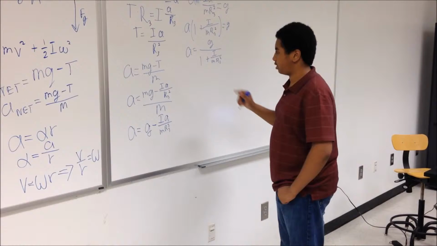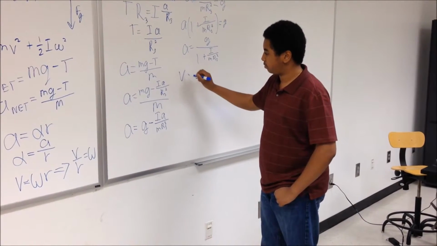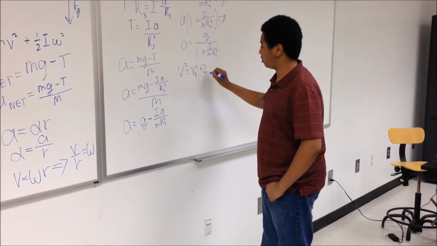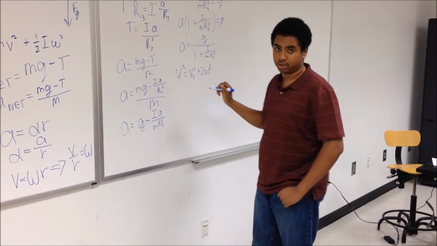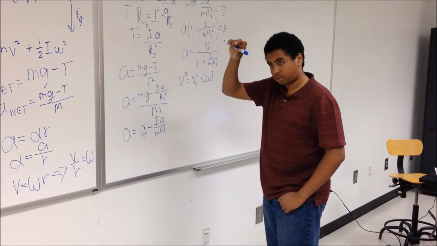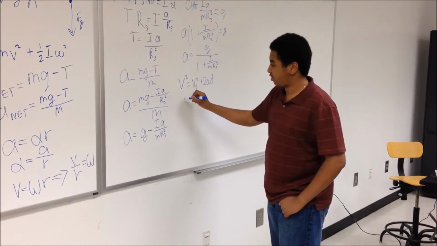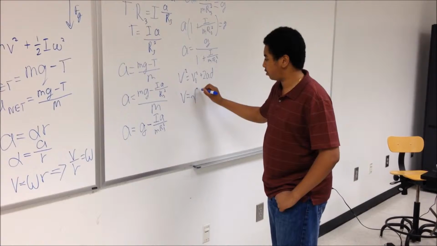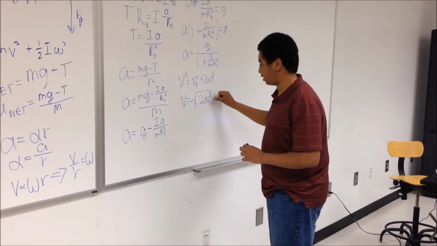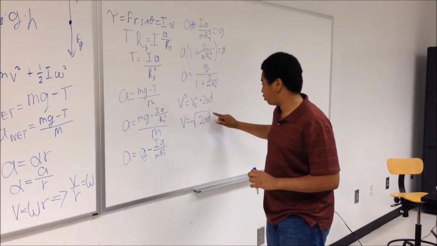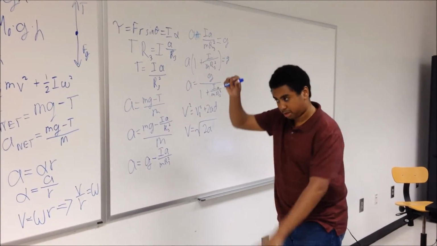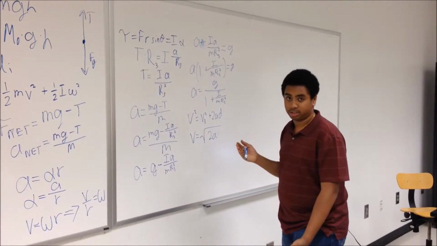So what we can do here is v squared equals v naught squared plus 2ad, which is a kinematics equation. So that means that since v naught is 0 because it starts from rest, v is actually going to be the square root of 2ad, and we can replace d with h because we defined it as the bottom part, and we were trying to find the velocity at the bottom.